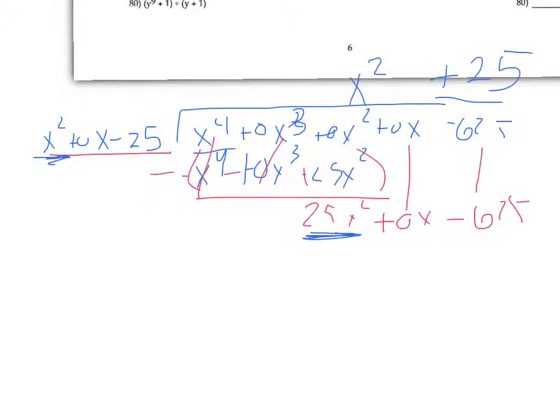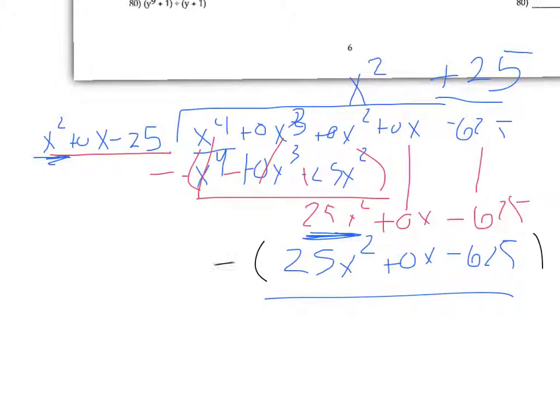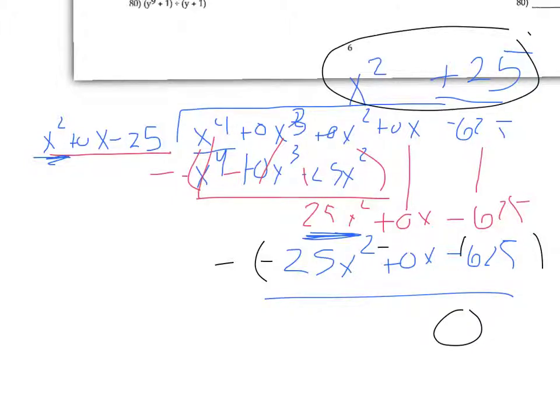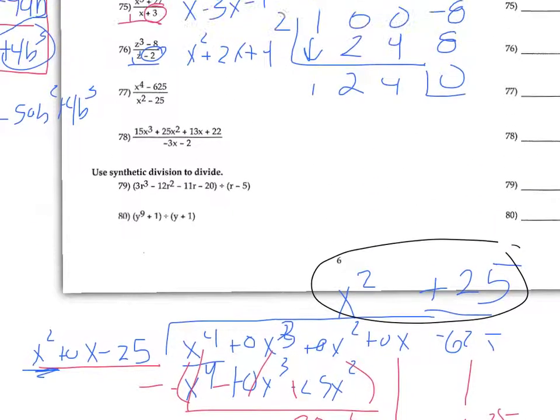So now we'll multiply out. 25 times x squared is 25x squared. 25 times 0x is 0x. And 25 times negative 25 is negative 625. When we subtract this off, we get a remainder of 0. So what we can say is the quotient is x squared plus 25.